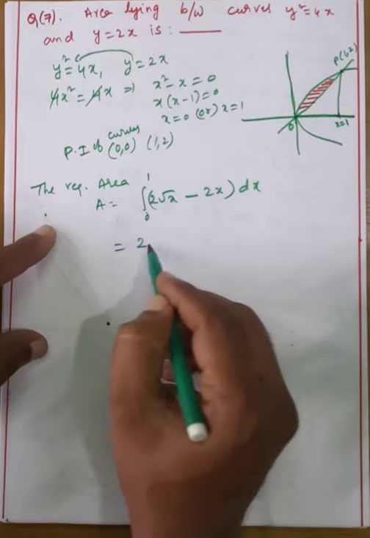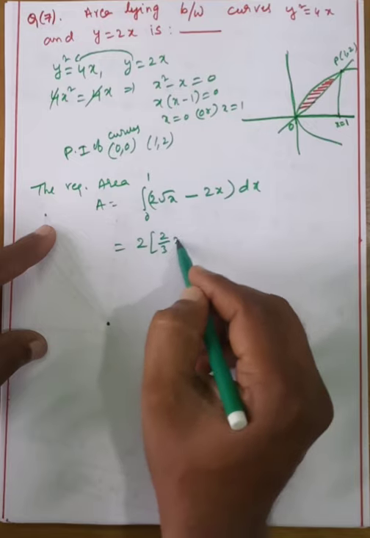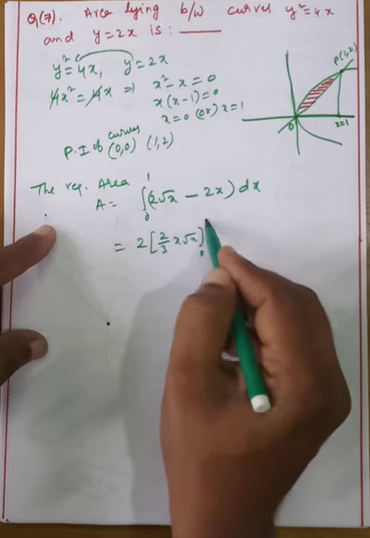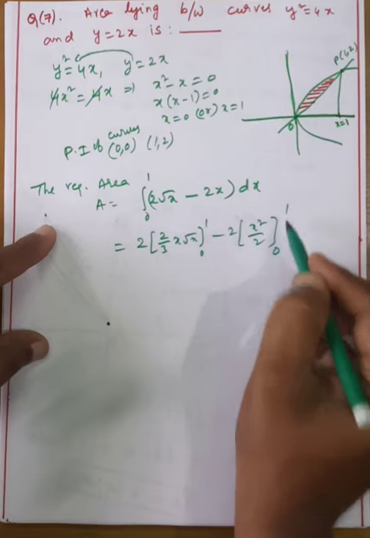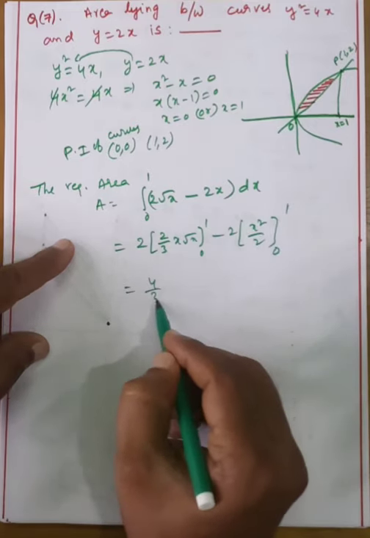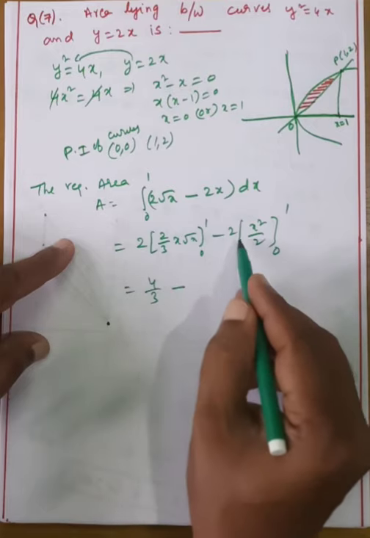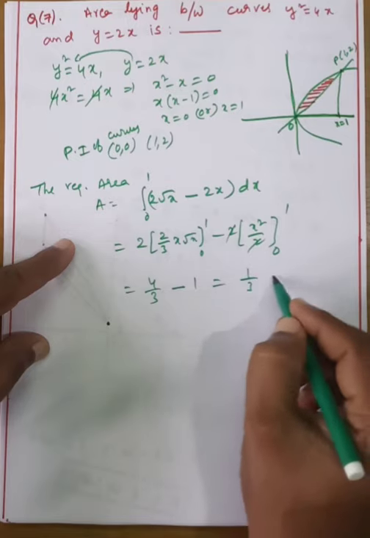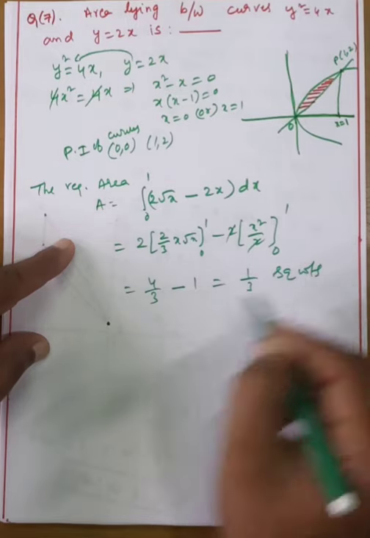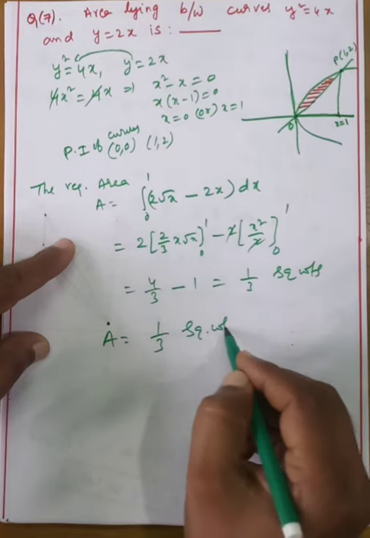Now here 2 taken common outside. The integral of root x is 2 by 3 x root x, limits 0 to 1. 2 taken common, x square by 2, limits 0 to 1. 4 by 3, upper limit is 1, lower limit is 0, minus, these two cancel, upper limit is 1, that equals 1 by 3 square units, my dear students. Area equals 1 by 3 square units.